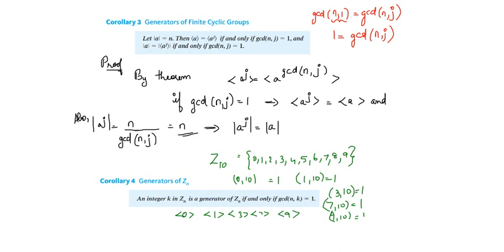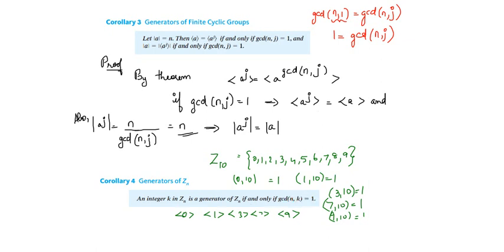So in this way, if you want to find the generators of Zn, from that set see which numbers have GCD 1 with n. If and only if the GCD of n and that number is 1, those will be the generators.